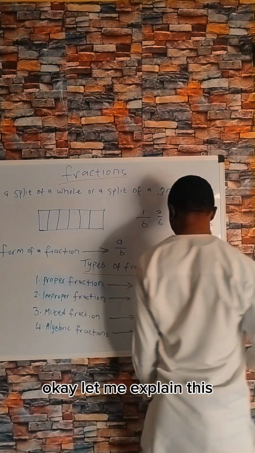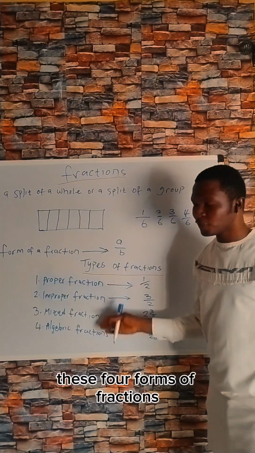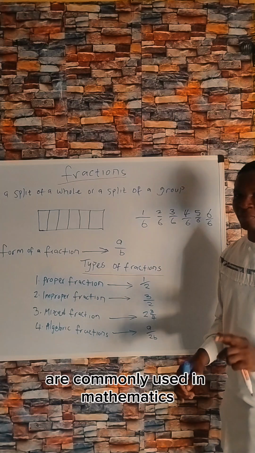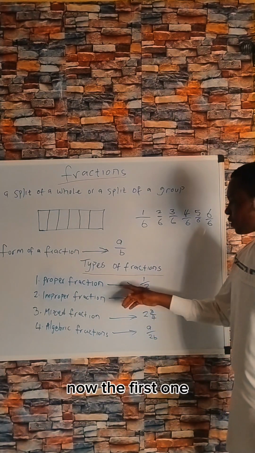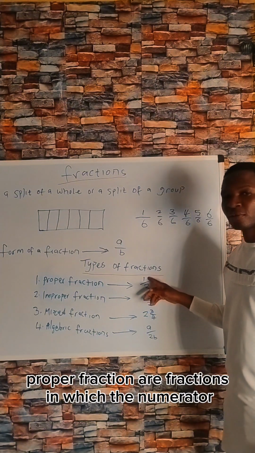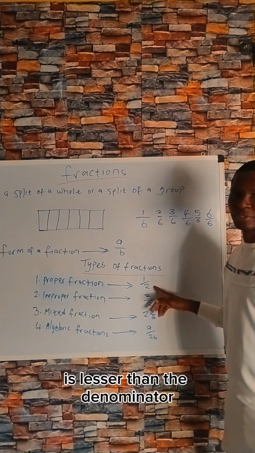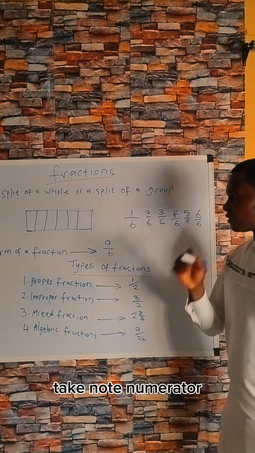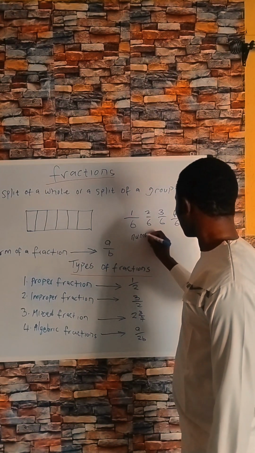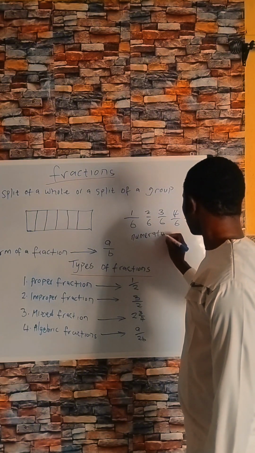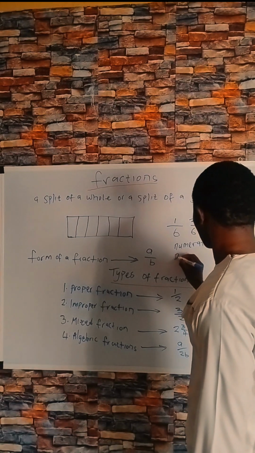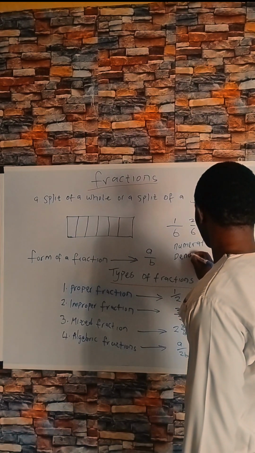Okay, let me explain this. These four forms of fractions are commonly used in mathematics. Now, the first one, proper fraction, are fractions in which the numerator is lesser than the denominator. Take note, numerator and the denominator.